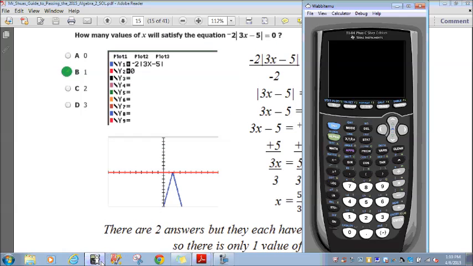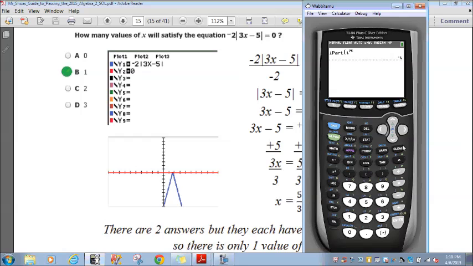Let me pull up my calculator here. Let me clear this. Graph this. So negative 2, hit my math key, num for absolute value, 3x minus 5. I'm going to place that there, equals 0.